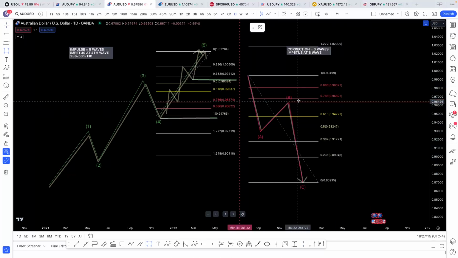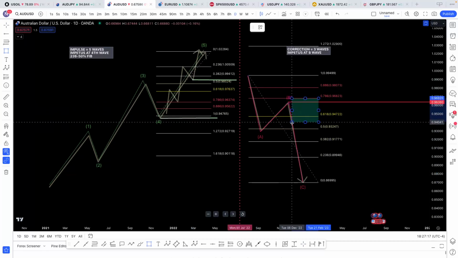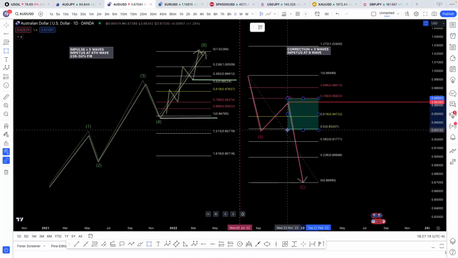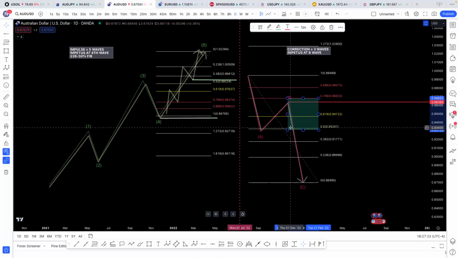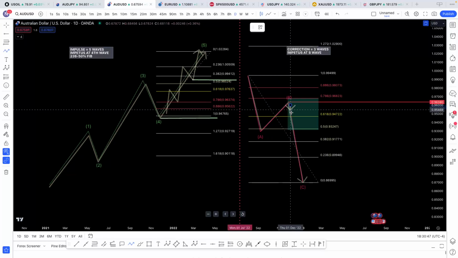So I am going to identify this particular zone right here. And also, again, right here there is an impulse within this, 5 waves. In this B to C wave, I'm just going to go ahead and use the current impulse and identify 5 waves here.